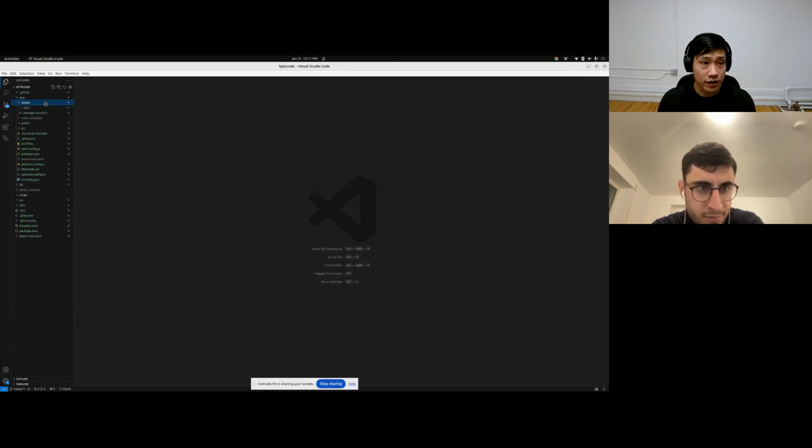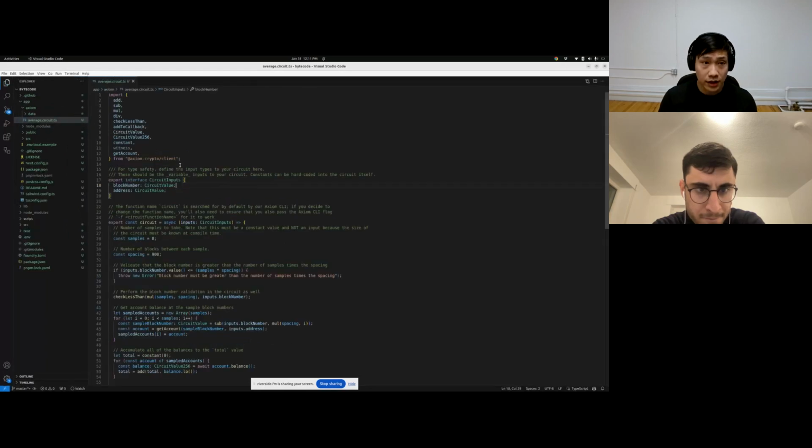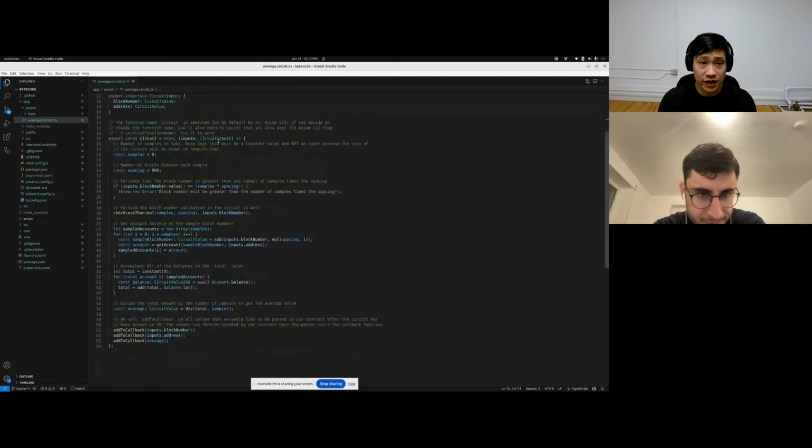then what you'll see is two important components. First, in the app folder, we have an Axiom circuit, which takes in some inputs. In this case, the inputs would be the block number and address that we want to compute the average balance of, and uses our TypeScript SDK to actually constrain the average balance over 8 samples at a spacing of 900 blocks backwards from this block number.